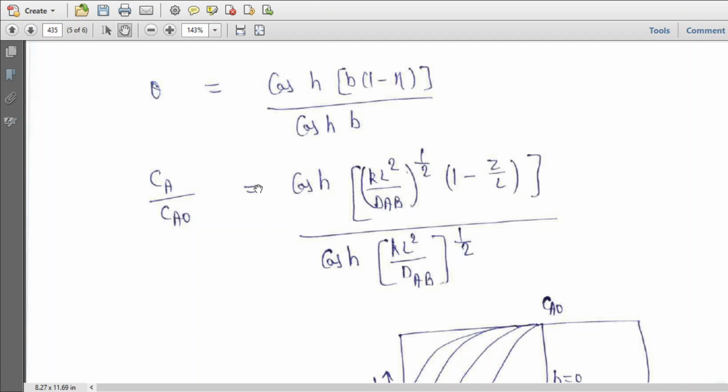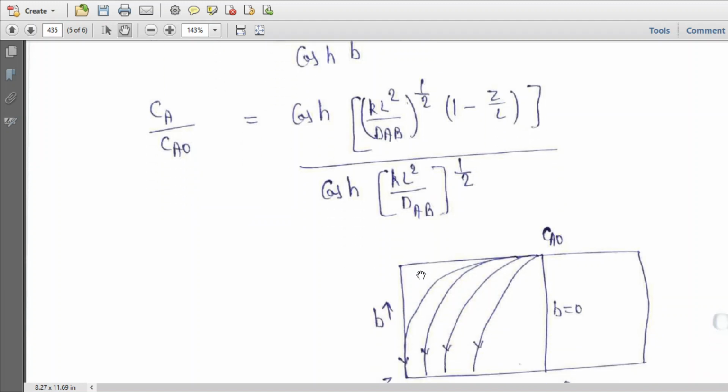This can be controlled with the help of the reaction rate constant k and the diffusion coefficient. These can control the profile of Ca.